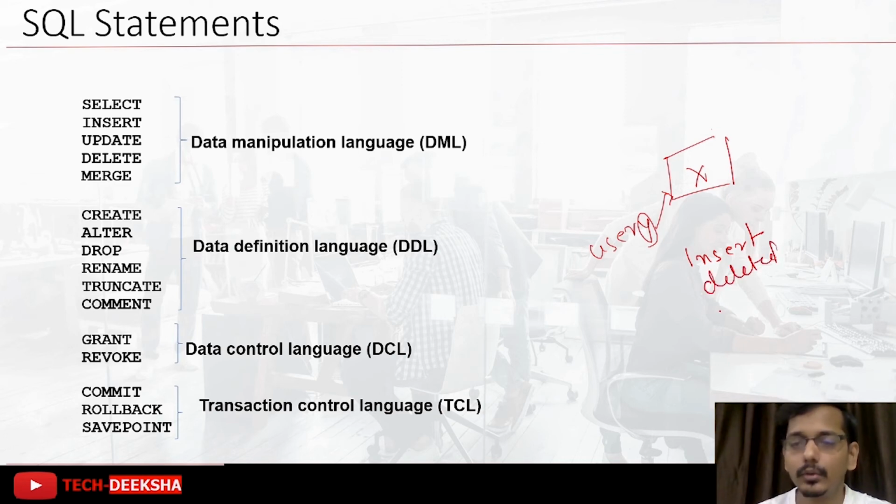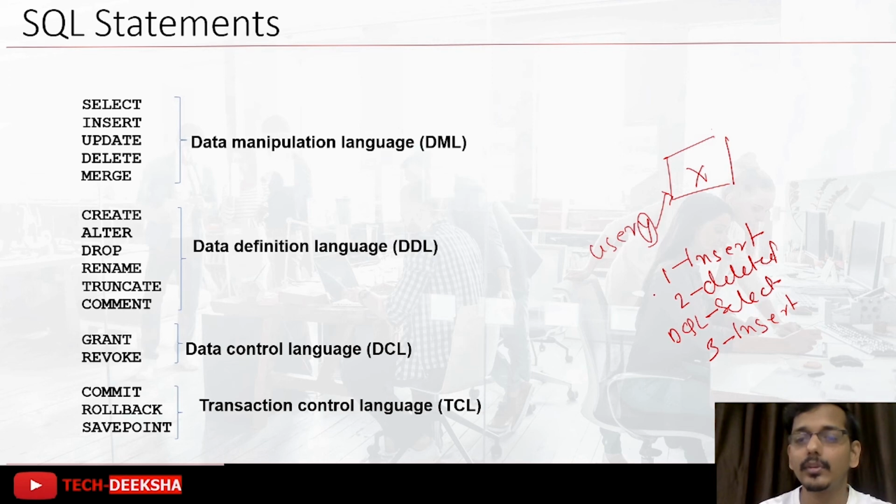Then you did some select, and then you again inserted something. So this one is your first transaction, this one is your second, this one is your DQL, that is your data query language, and this one is your third statement of your transaction.